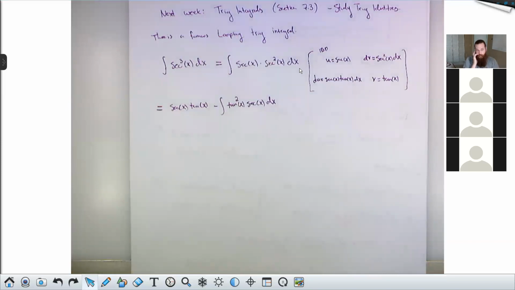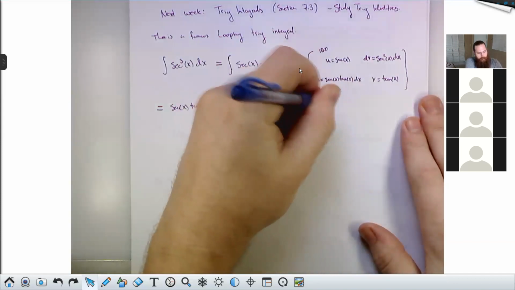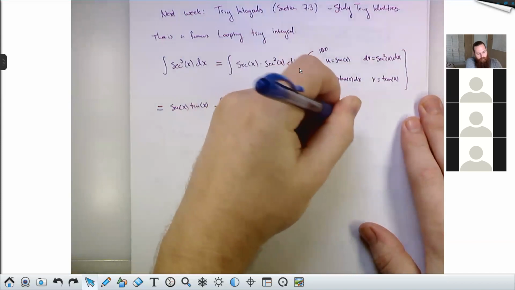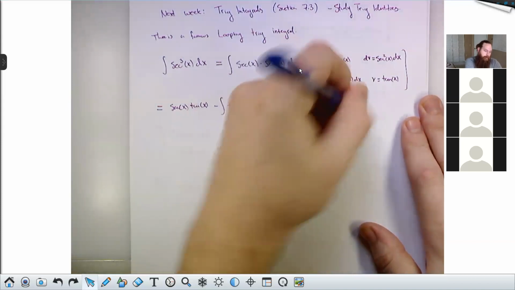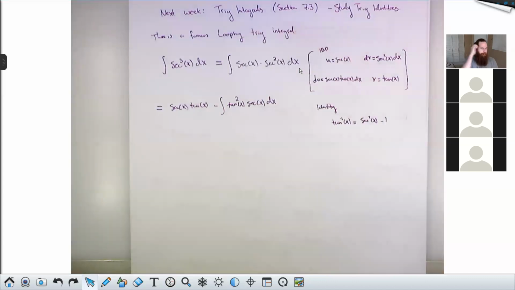And at this stage, we use a trig identity. Tan squared x is secant squared x minus 1. This follows from sine squared plus cos squared equals 1. You just divide both sides by cos squared and you get tan squared plus 1 equals secant squared, and then you subtract the 1 over.